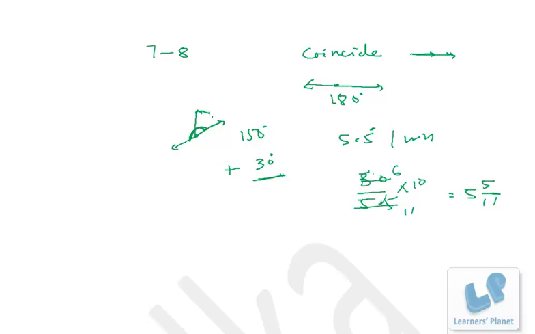That means after 7, 5 and 5 by 11 more minutes it will take to get the angle of 180 degrees between the hour and minute hand. A very simple calculation, friends. I hope you are clear.